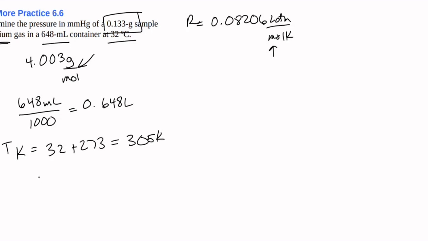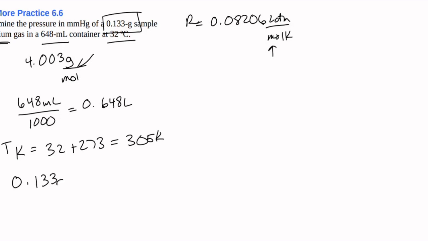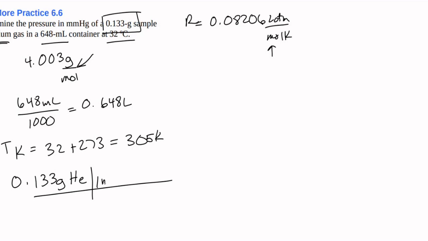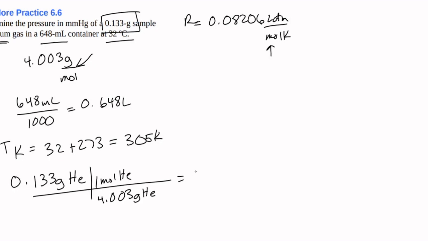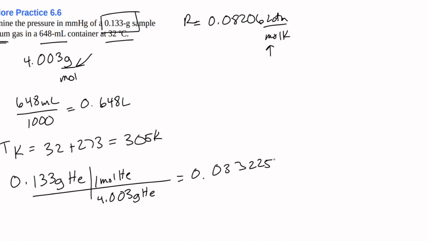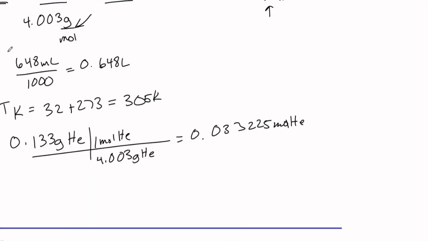And now we need to convert grams to moles. 0.133 grams of helium, and our amount has to be in moles. So 1 mole of helium is 4.003 grams of helium, and that's equal to 0.033225 moles of helium.